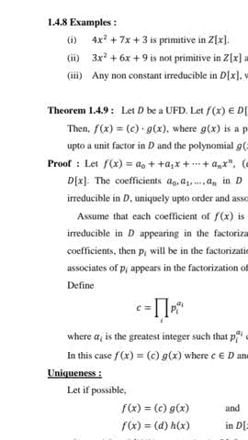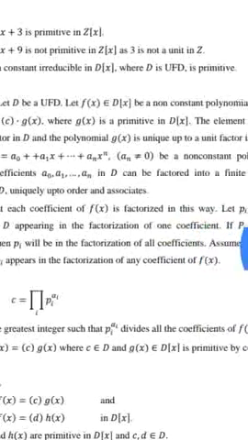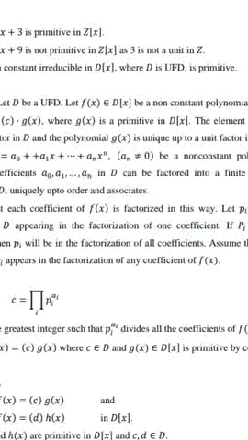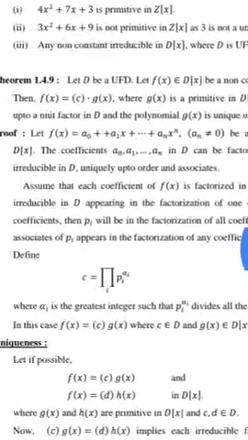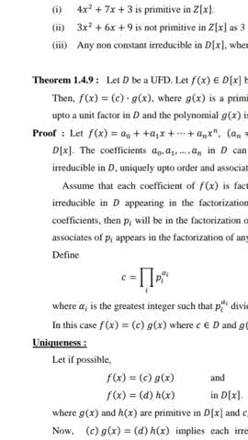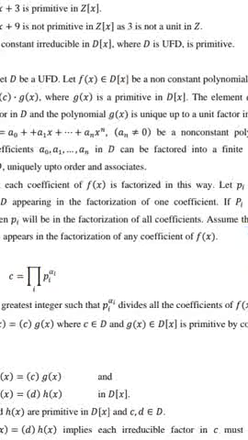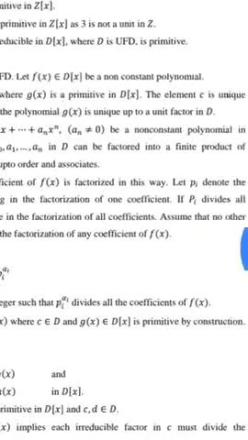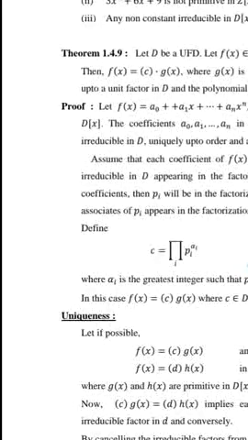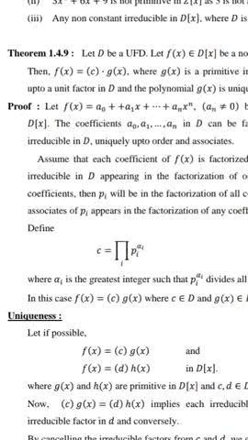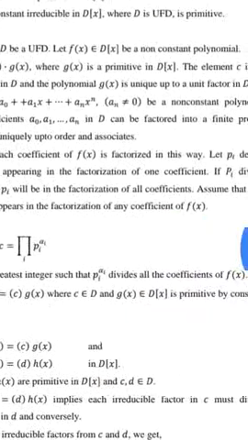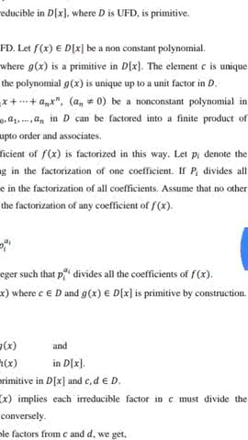Let f of x be equal to a naught plus a1x plus dot dot dot plus anx raised to n, an is not equal to 0, be a non-constant polynomial in D of x. The coefficients a naught, a1, dot dot dot, an in D can be factored into finite products of irreducibles in D uniquely up to order and associates. Assume that each coefficient of f of x is factored in this way.